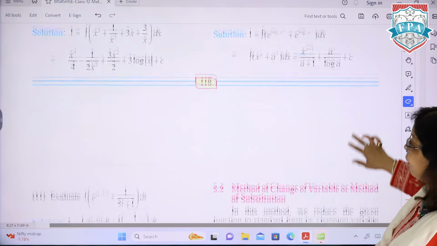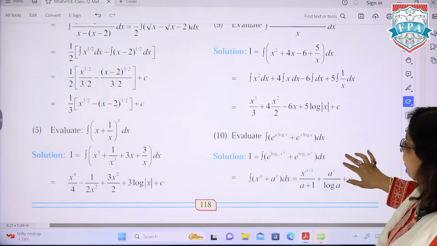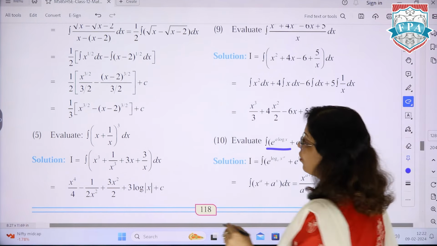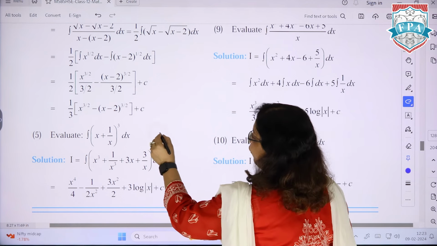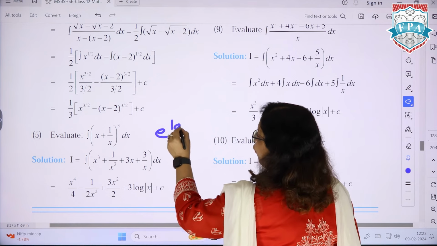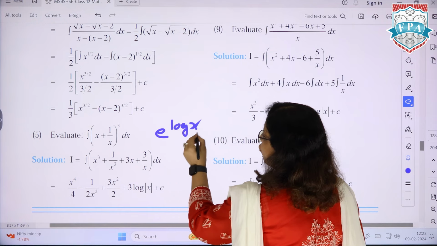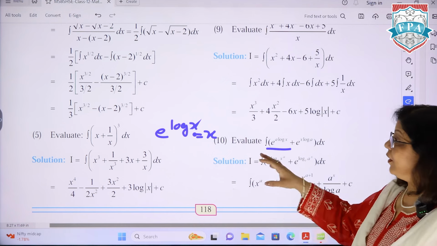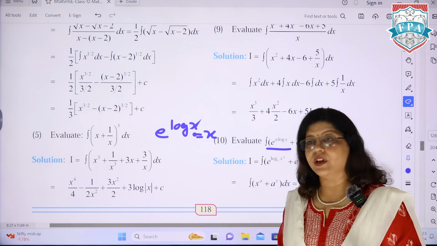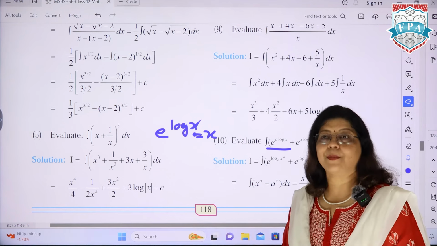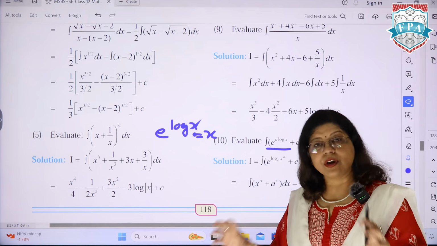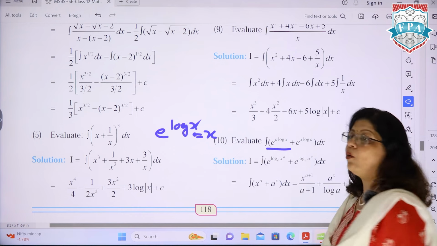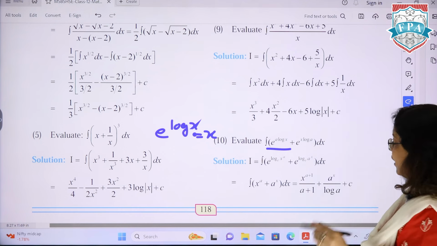Okay, if the question is in the form, say, e to the power of a log x. Now there is a rule again which I want to tell you, if you are not aware of that. E to the power of log x actually equals x. This is one general formula which you should know. It's not only for the integration chapter or the differentiation chapter, it's a general formula. Definitely we're talking about the natural log, base e.